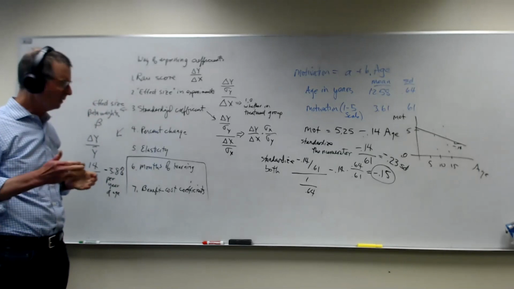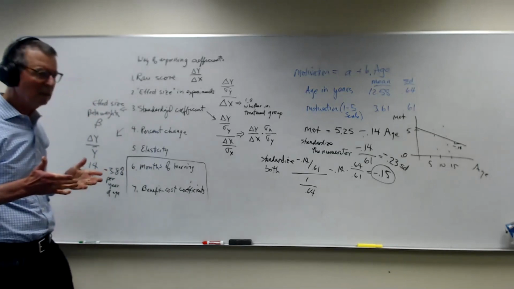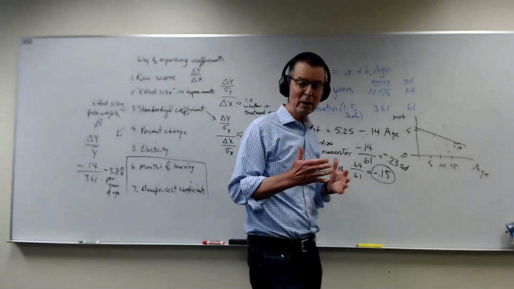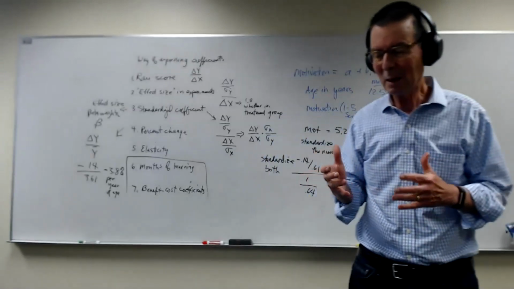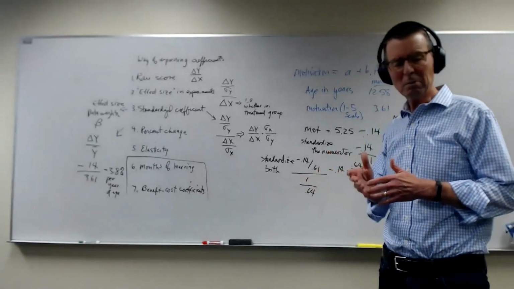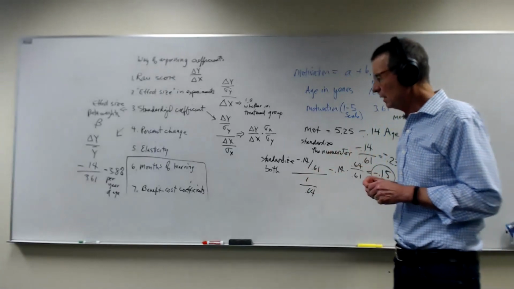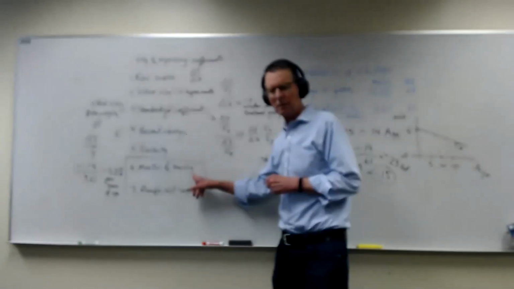And so what we thought was, if we want to express 0.3 standard deviation amounts in ways that people are going to understand, why not translate it into months of learning, right?